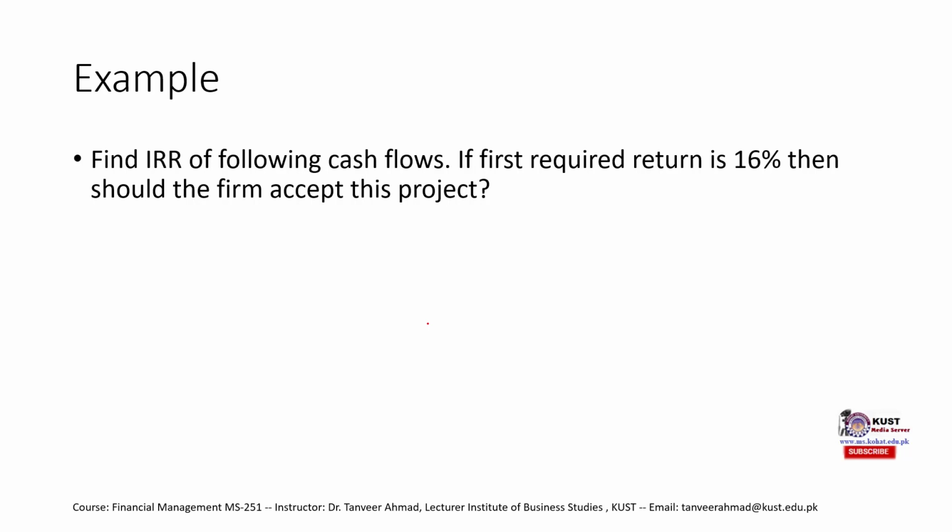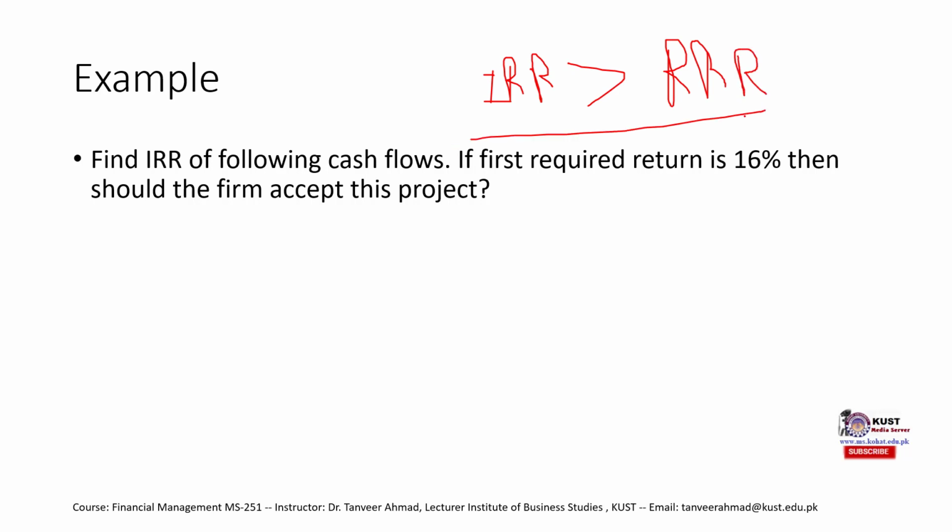So we require that the project should give us at least 16% of return. If the IRR is equal to or greater than 16%, the required rate of return, then we must accept the project. So if the IRR that we are going to find is greater than RRR, then we accept the project. In the other case, we would reject the project.